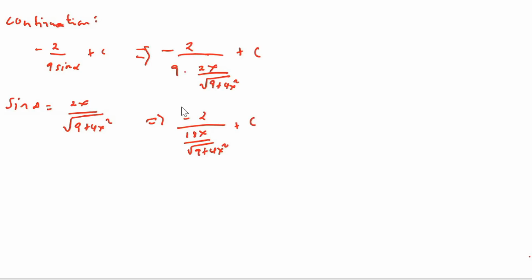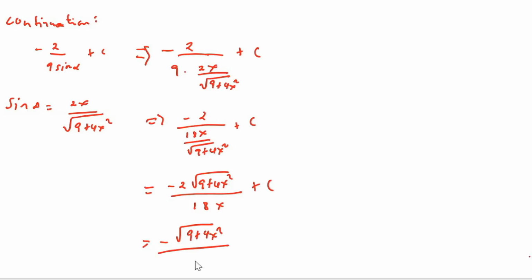So dividing this again, we can write now as the negative 2 times the square root of 9 plus 4x squared over 18x plus a constant. But negative 2 over 18 can be reduced, giving the negative square root of 9 plus 4x squared all over 9x plus a constant.